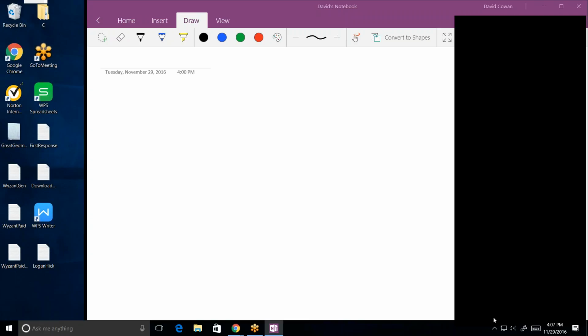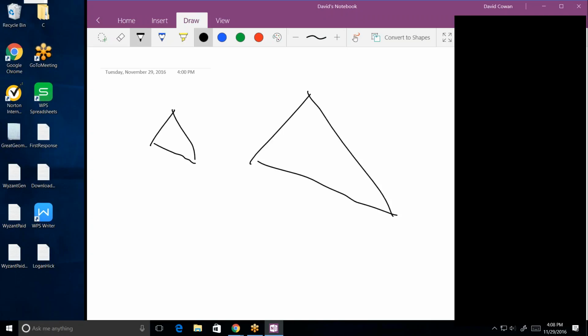Obviously, if two triangles are congruent, they're also similar, but you don't have to have congruency to have similarity. In other words, if I have that triangle and that triangle, they're obviously not congruent, but as long as these angles are the same, then they are similar.